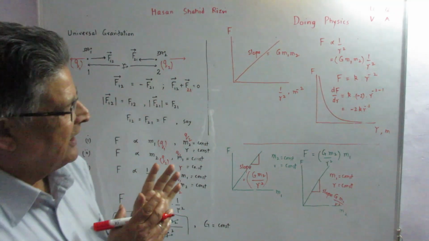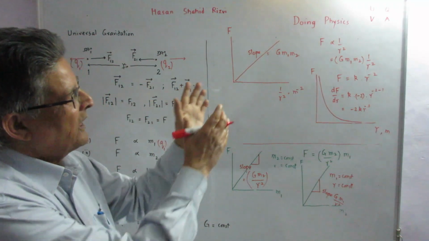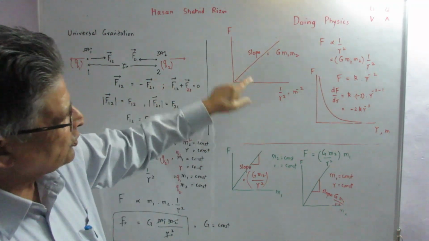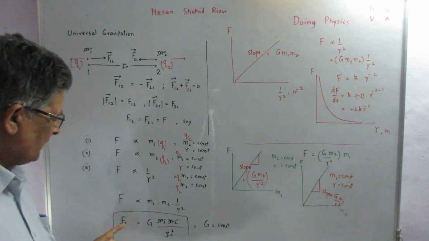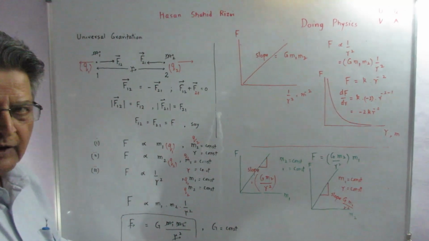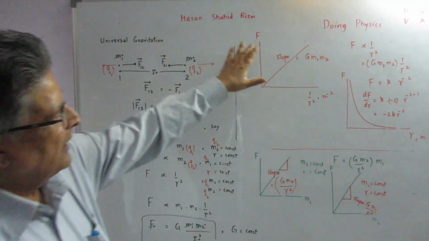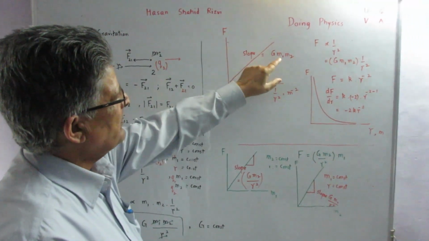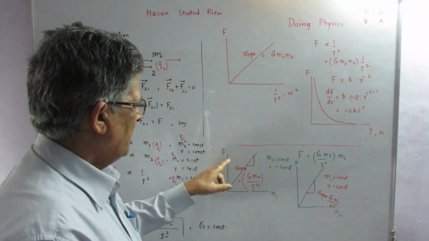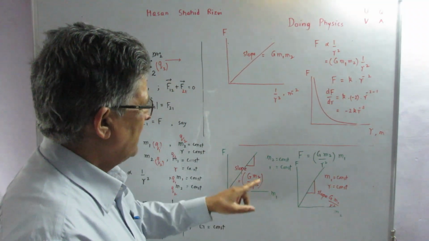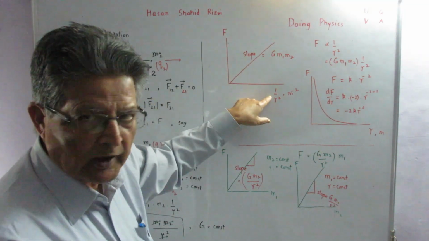I give it to you, and I want you to think about these things, because I told you that the physics starts here. Physics does not stop here. Okay? So there is a linear relationship between F and M1, F and M2, and F and 1 upon R square.